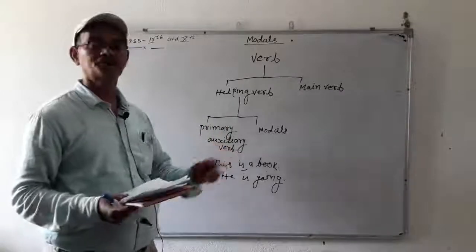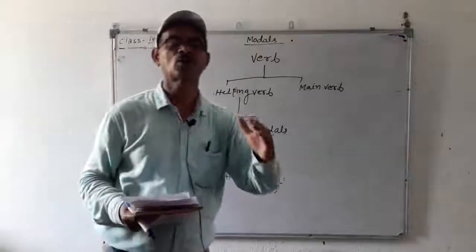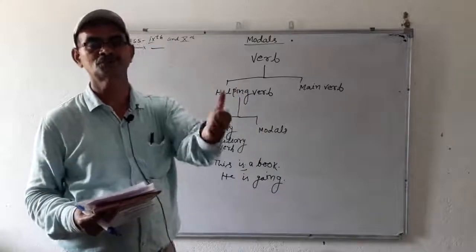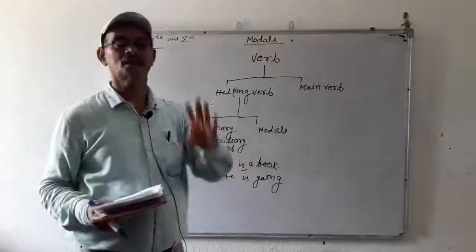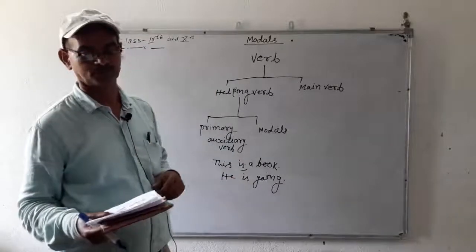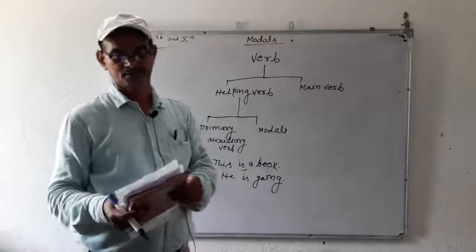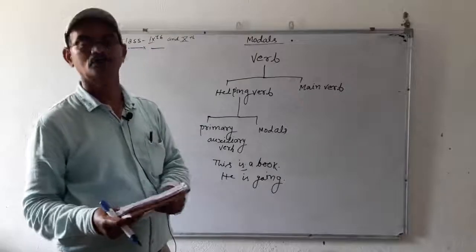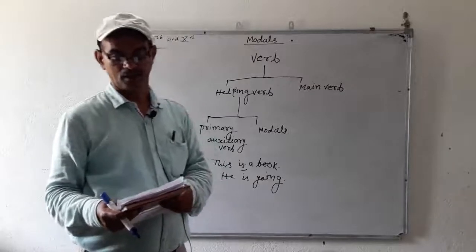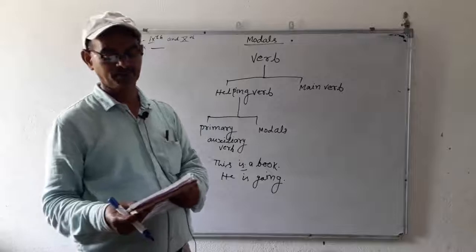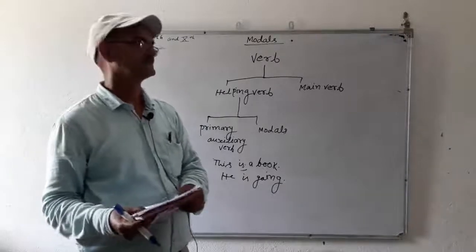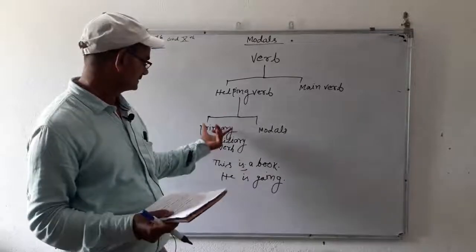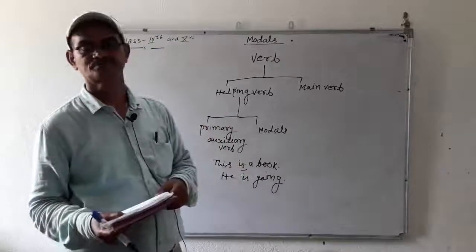Primary auxiliary verbs change their form according to the number and person of the subject. जितनी भी प्राइमरी ऑक्सिलरीज हैं, they are total number 24: be, is, am, are, was, were, have, has, had, having, do, does, did, doing, etc. All these words are primary auxiliary verbs.